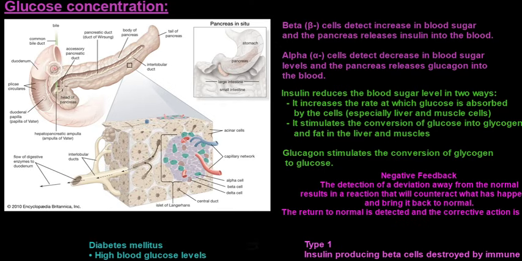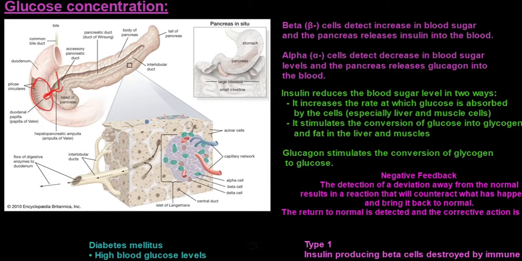Exocrine, because if we look at this little duct there, the pancreas releases pancreatic juice through that duct into the intestine for the digestion process. But the endocrine function of the pancreas is that it secretes two hormones directly into the bloodstream, and that makes it the endocrine gland.